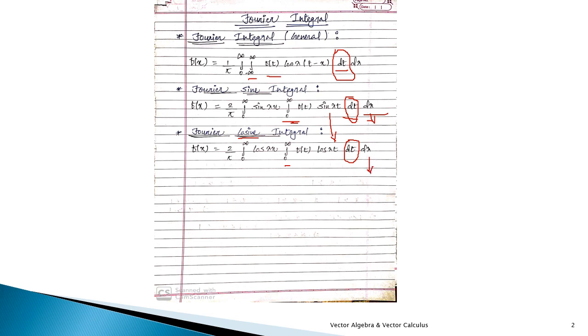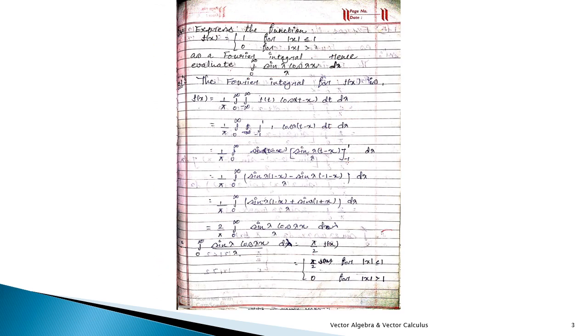Okay, so now let's begin with the example, and here you can see that I've written the question: express the function f of x equals 1 and 0. One is the function f of t, right?